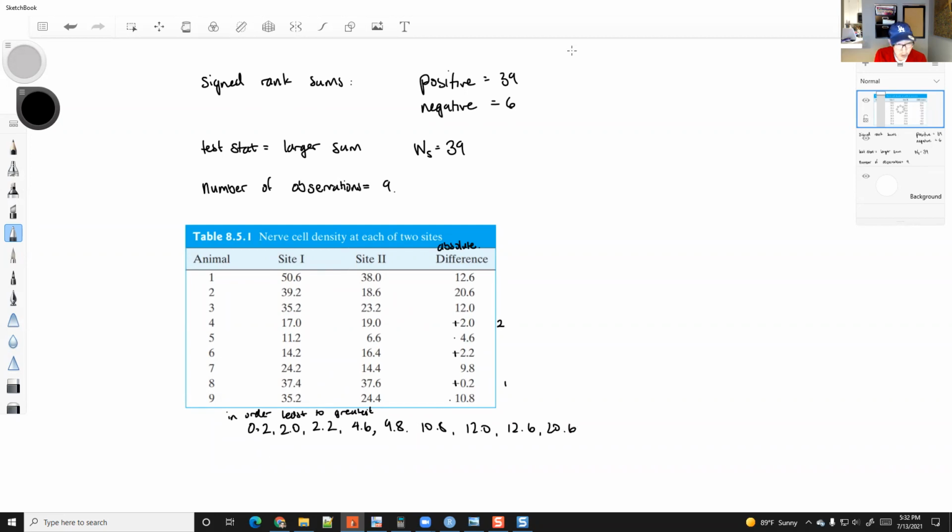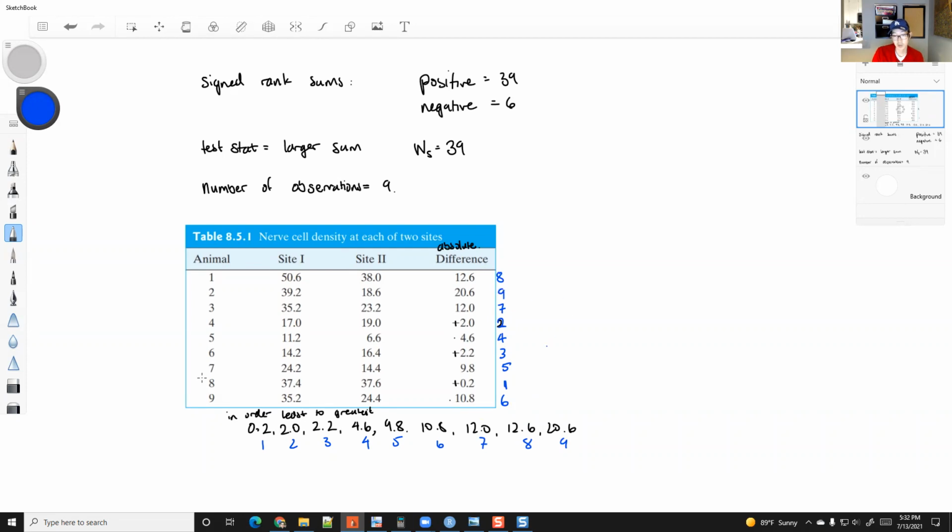So the ranks are 1 through 9. This one is 1, this one is 2, 2.2 is 3, 4.6 is 4, 9.8 is 5, 10.8 is 6, 12.0 is 7, 12.6 is 8, and 20.6 is 9.